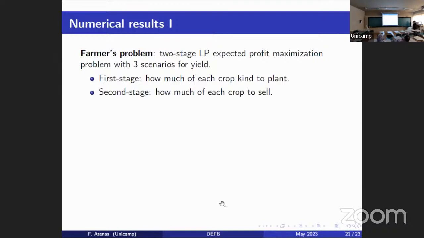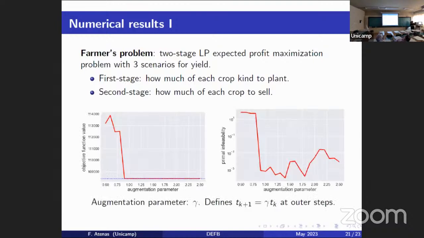And in the first stage, we have to decide how much of each crop we plant, right? Or let's say the farmer plants. And in the second stage, we are getting our production, and then we want to decide how much we sell.